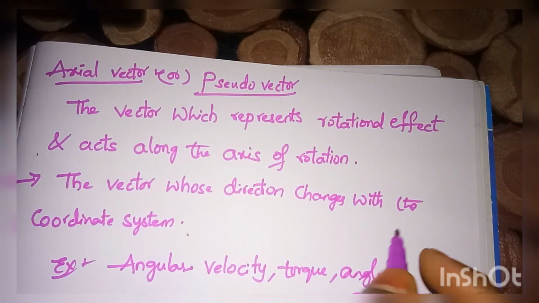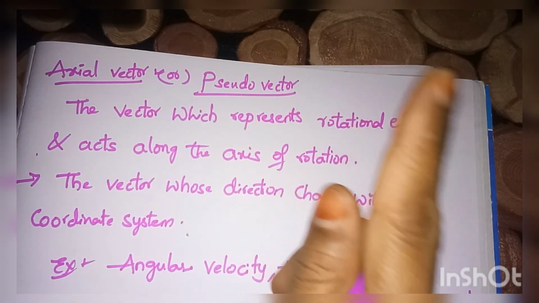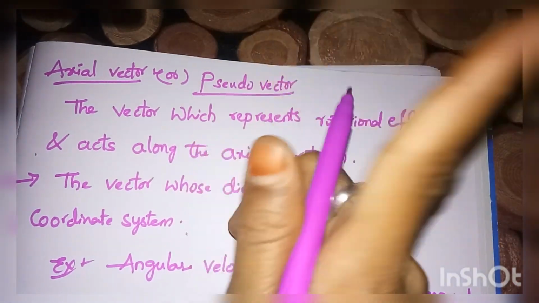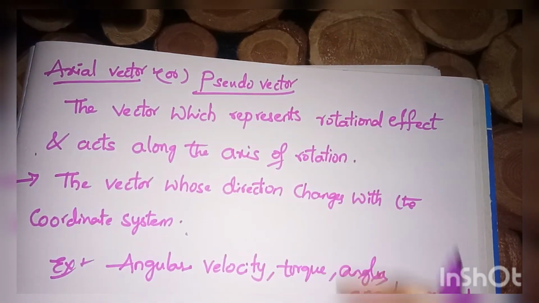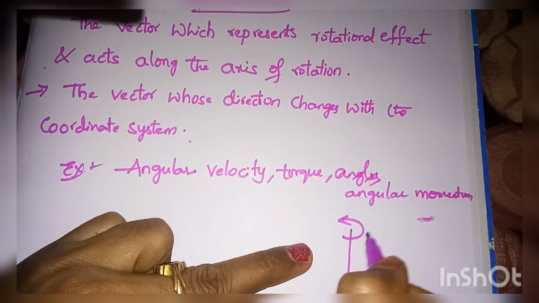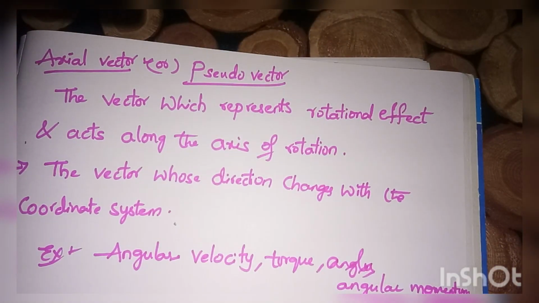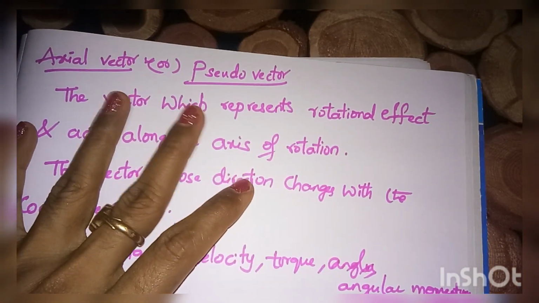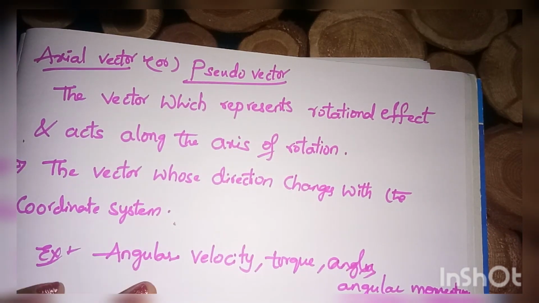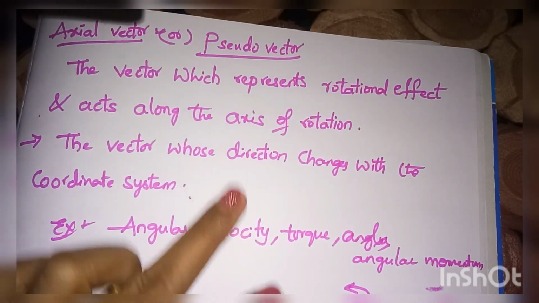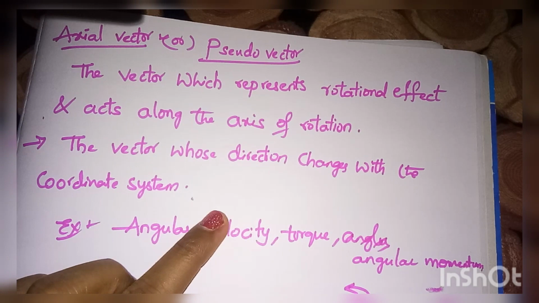If we throw a top, it will rotate along its axis, like this. Any object which has a rotational effect we call an axial vector or pseudo vector, and the object's direction changes with the axis.